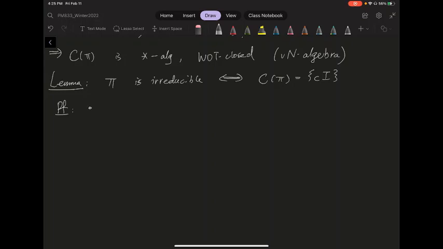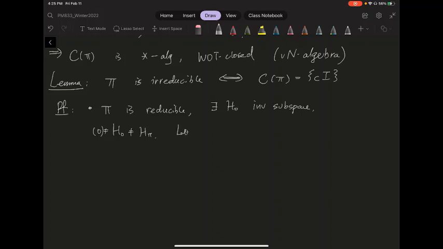So first of all, suppose π is reducible, so there exists H0 an invariant subspace, with H0 not equal to 0 and not equal to H_π, so some non-trivial invariant space.